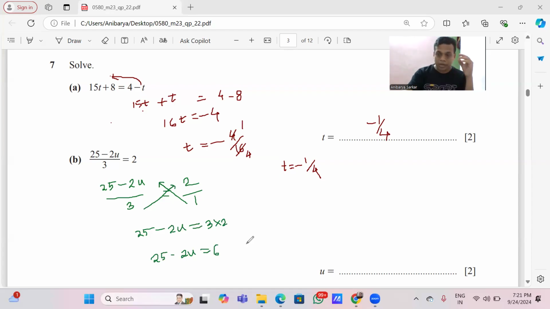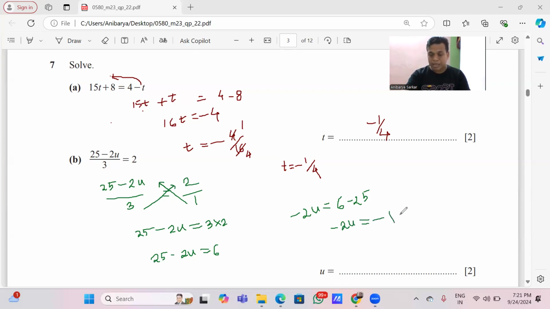Now, I told earlier that in equal sign, left side is the variable. Variable means here variable is u. Okay. So minus 2u, and number comes to the right side. So minus 2u equals 6 minus 25, equals minus 19.